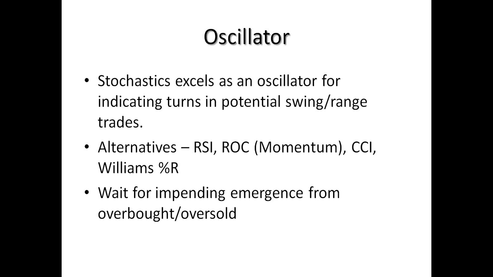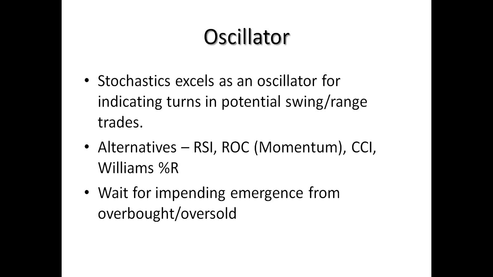How do I use the oscillator? The oscillator is another confirmation that I'm looking for emergence from overbought or oversold. So let's say the oscillator's already in overbought. I'm looking for a turn down to cross below the 80 line, below overbought, and that's telling me that perhaps the momentum is going to the downside, and perhaps that turn that I just saw at resistance is actually taking place.